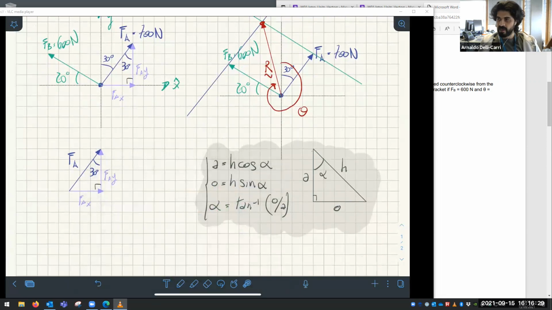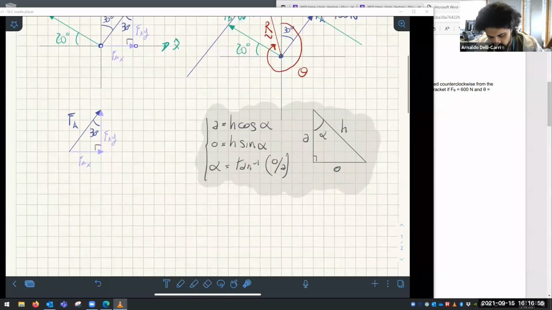So first of all, FAX, is it opposite or adjacent? Is this opposite or adjacent to 30 degrees? That's opposite, correct, Shadab? So that means we have to use this one. So opposite, FAX equals hypotenuse, FA times the sine of 30 degrees.